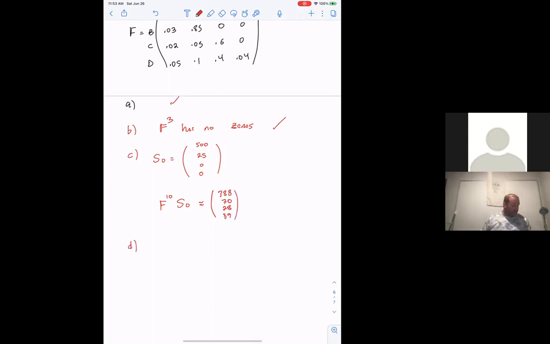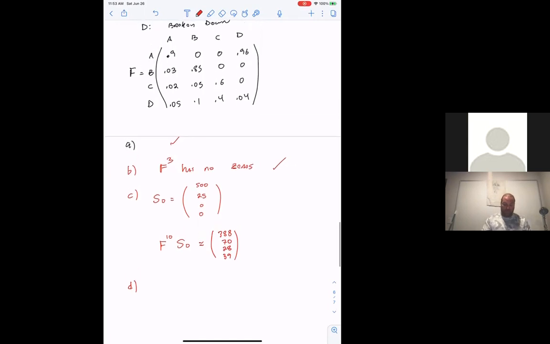D, comment on how MathCar could change their practices so that changes are made to F which improve the availability of their cars. Well, let's take a look. What could MathCar do to improve the availability of their cars? We want cars to end up being in A as much as possible.